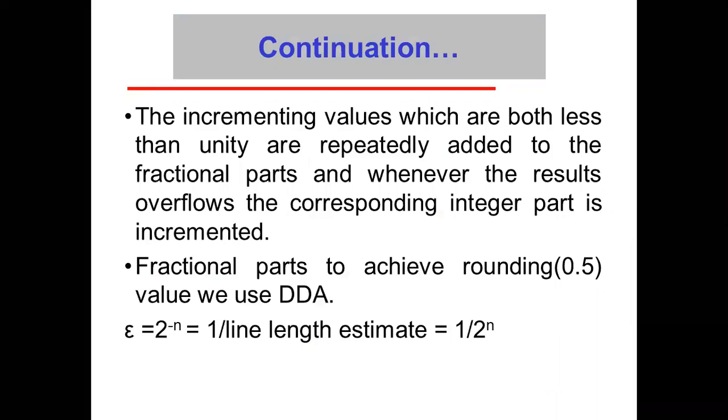Now, what is the line length estimate? You can easily calculate it now. Epsilon is equal to 1 over the line length estimate, and the line length estimate is equal to 1 over 2 to the power n, so 1 over the line length estimate is 1 over 2 to the power n. It means the line length estimate is equal to 2 to the power n. Here n is equal to 4, so 2 to the power 4 is 16.